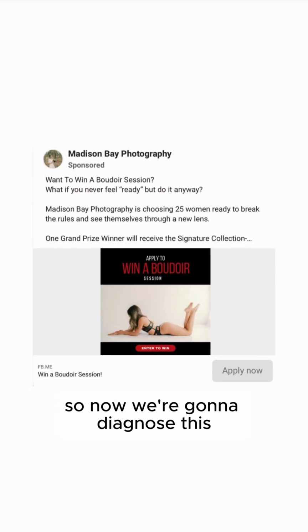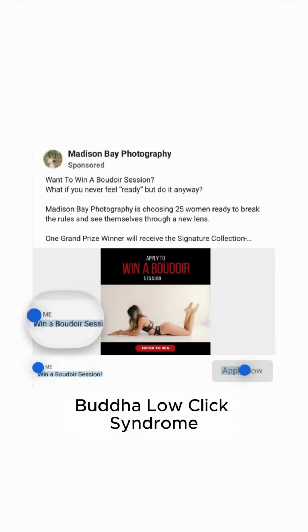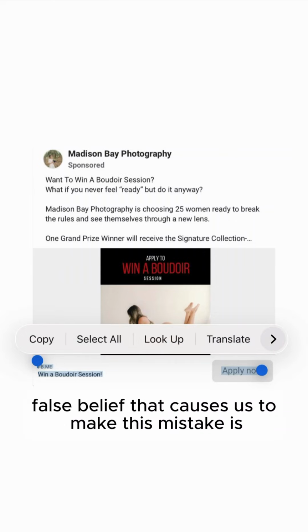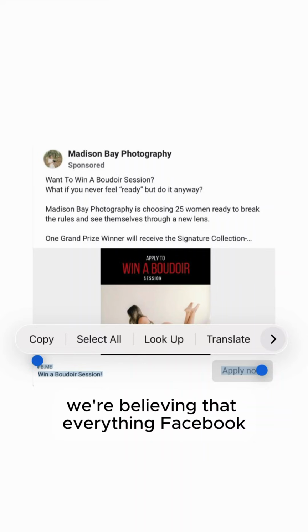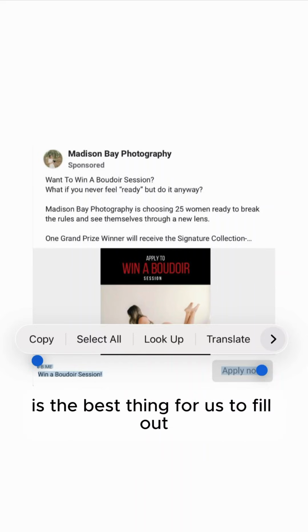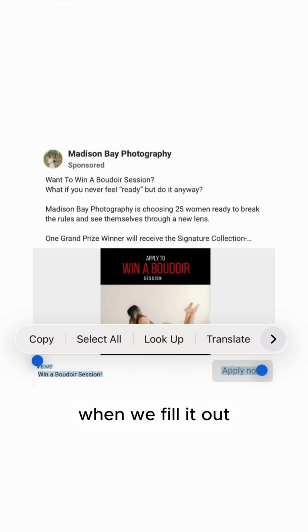All right, so now we're going to diagnose this if we believe it has BLCS, Boudoir low click syndrome. First thing I'm seeing, got the below creative cluster mistake. The false belief that causes us to make this mistake is we're believing that everything Facebook tells us or recommends us to fill out for our ad is the best thing for us to fill out, and not the best thing for Facebook when we fill it out.